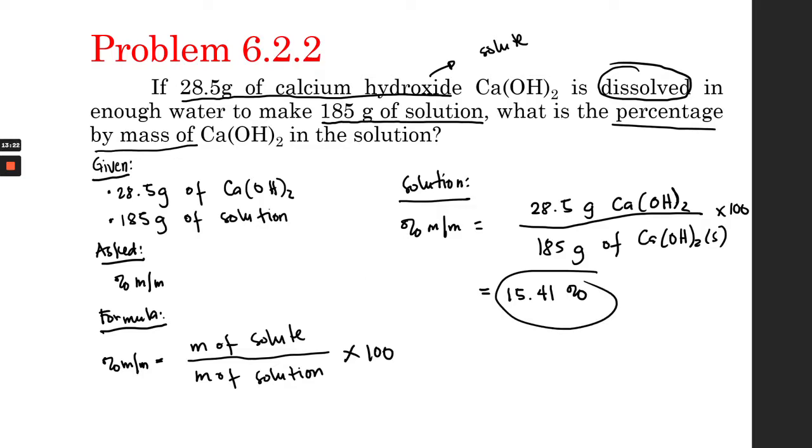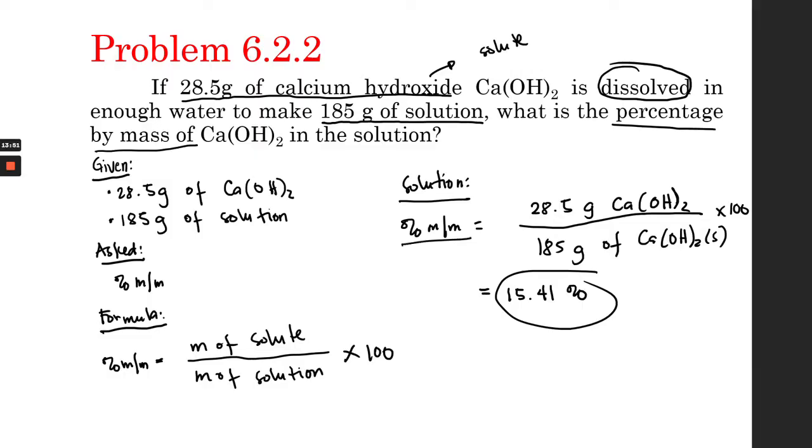So what that means is that 28.5 grams out of 185 is actually 15.41%. So 15.41% of 185 grams is basically 28.5 grams. So it's quite easy. That's how you solve percent by mass.